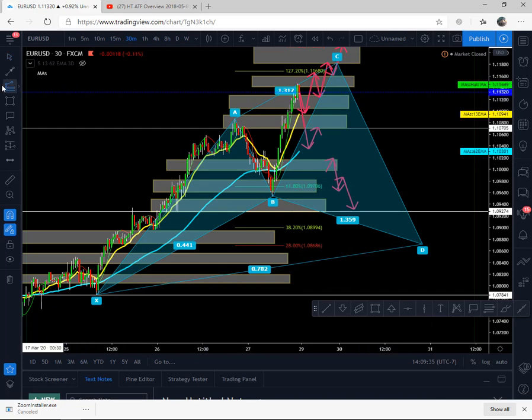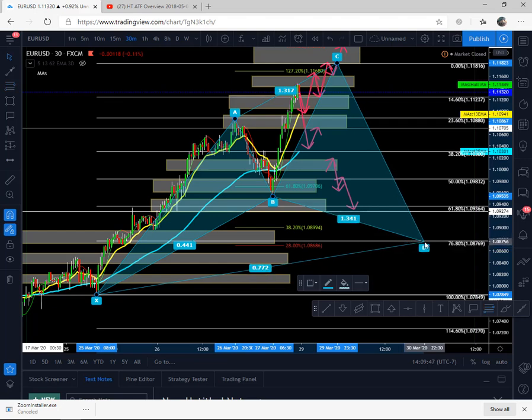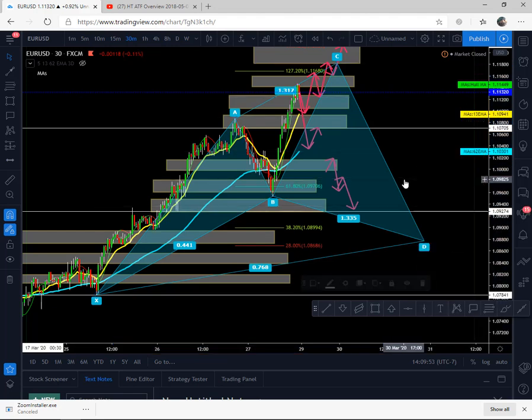And to calculate D, we use a fib retracement from X to C. And the D point for the cipher fulfills at the 78.6. So this could be a very nice advanced pattern if it plays out.